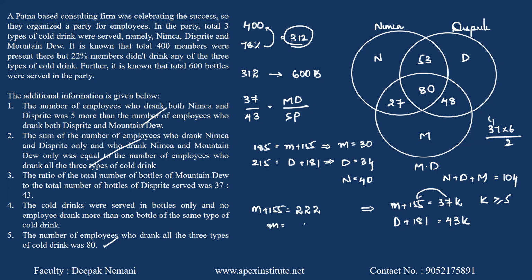So m is equal to 57. Fine. Now d plus 181 is equal to 43 into 6, which is 258. Now 258 minus 181 implies d is equal to 77.